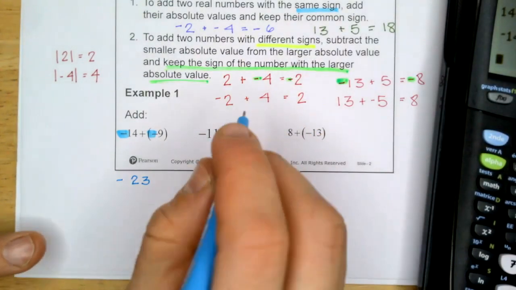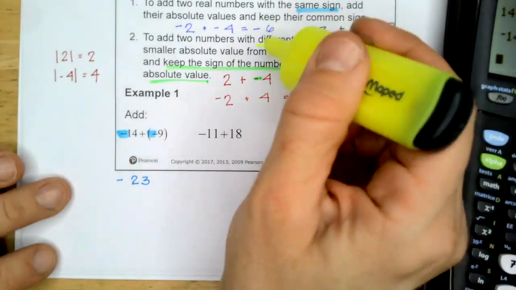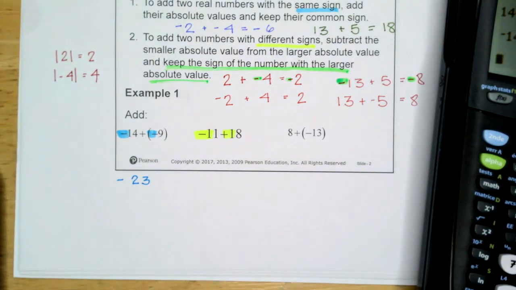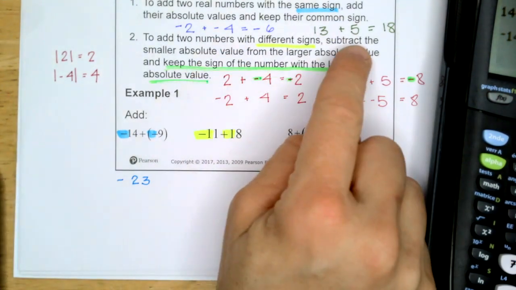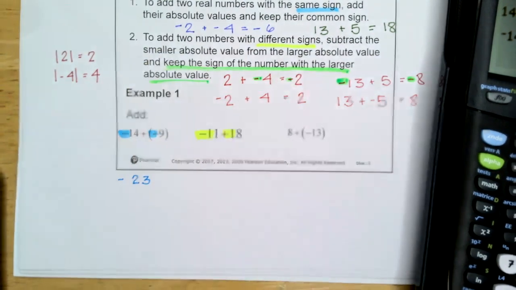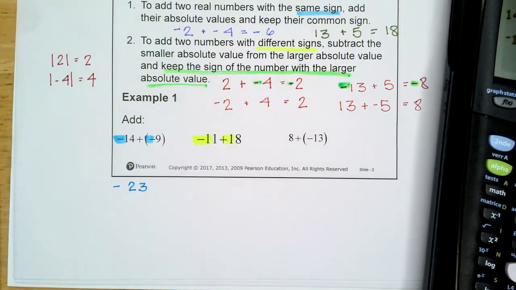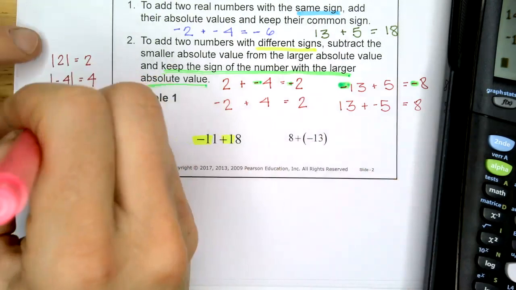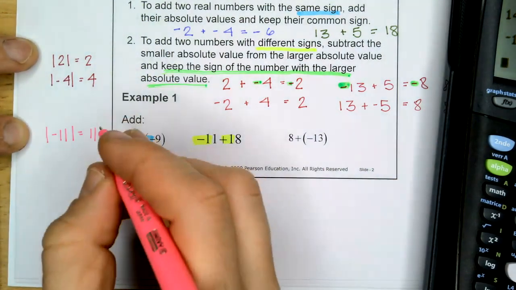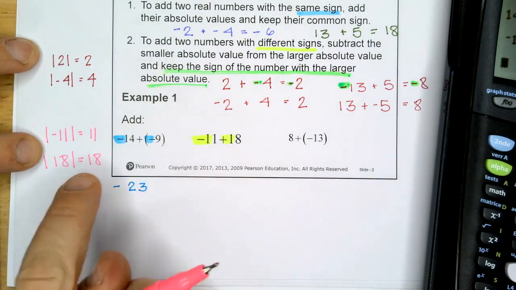Here, though, we have different signs. This is negative, but this is not negative. If it's not negative, it's positive, right? If they have different signs, subtract the smaller from the larger. Let's look at absolute values. The absolute value of negative 11 is just going to be 11. And the absolute value of 18 is going to be 18.